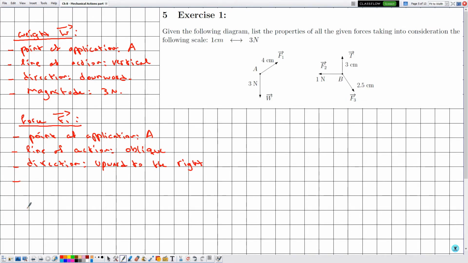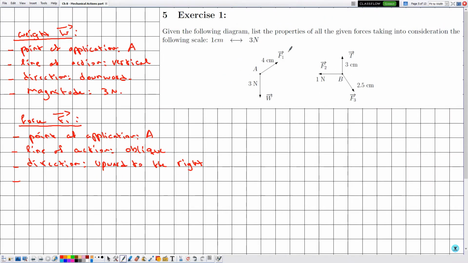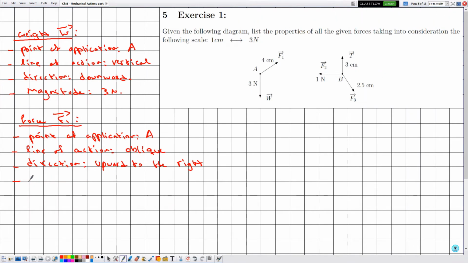Now as for the magnitude, here we don't have the magnitude of the force F1. We have the length because it is represented in centimeters, and we know that in order to move from the length to the magnitude and from the magnitude to the length, this is done by the connection between both, which is given by the scale. Let me say the magnitude, and leave a blank space, knowing that each 1 centimeter corresponds to 3 newtons.